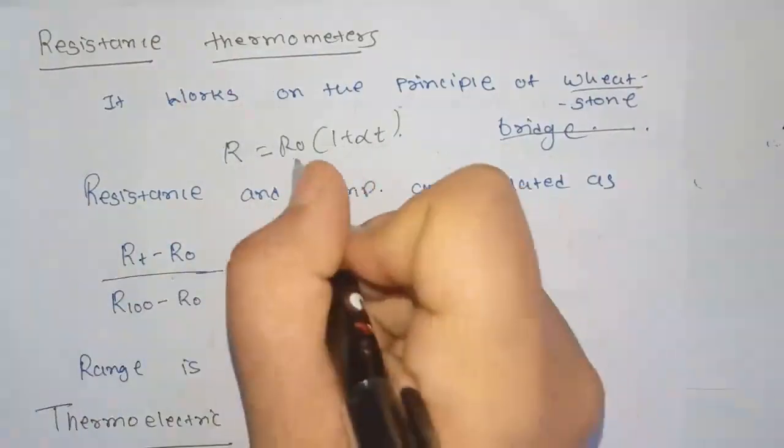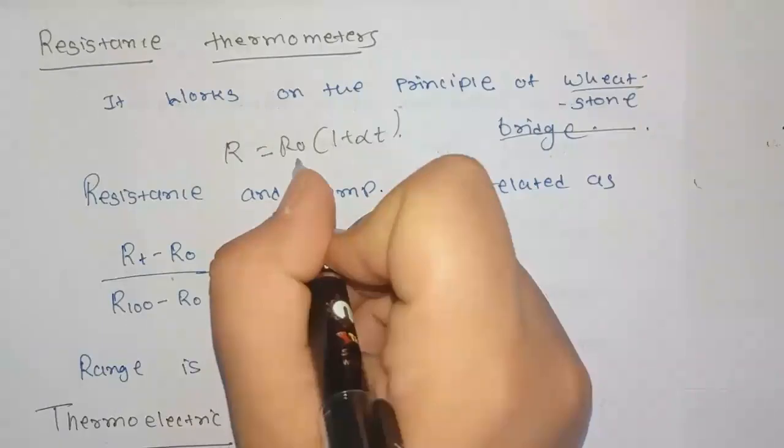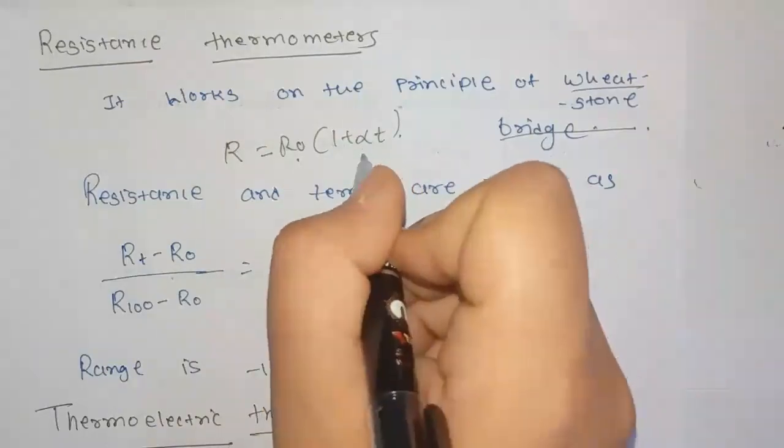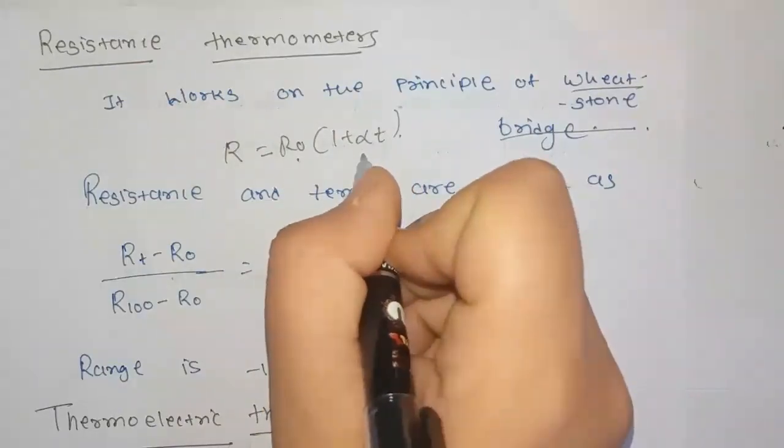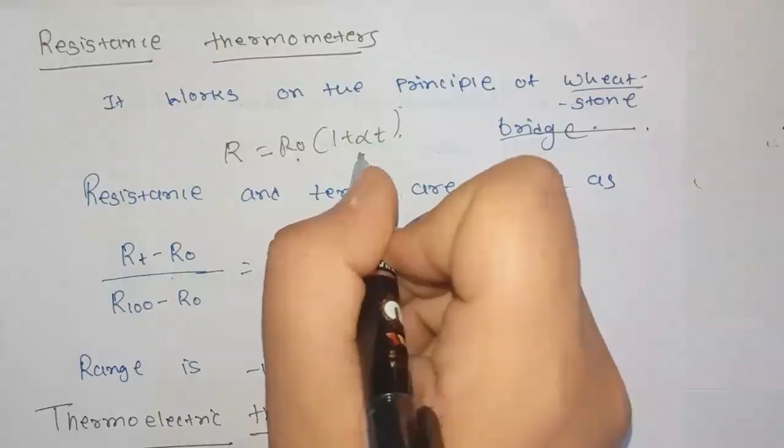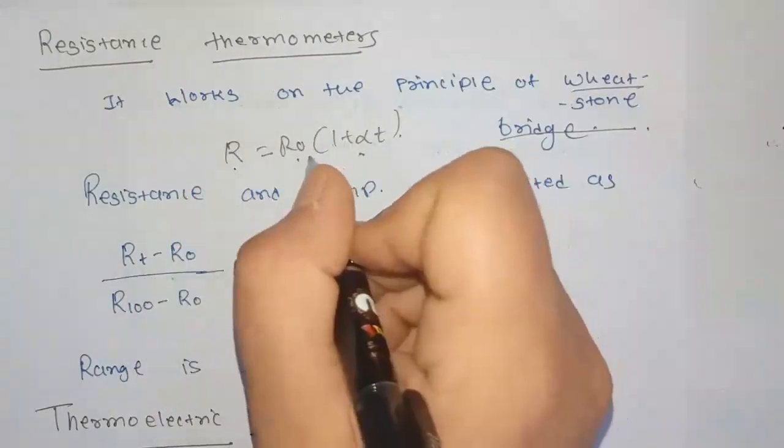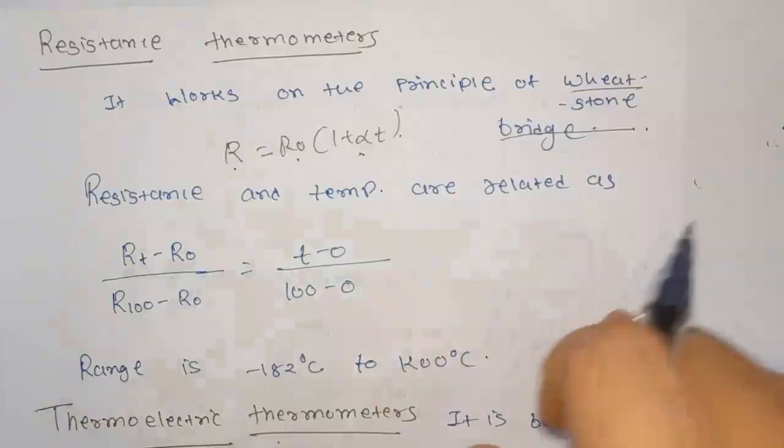Here R naught is the resistance at 0 degree Celsius, alpha is the temperature coefficient of resistance, and R is the resistance at temperature T.